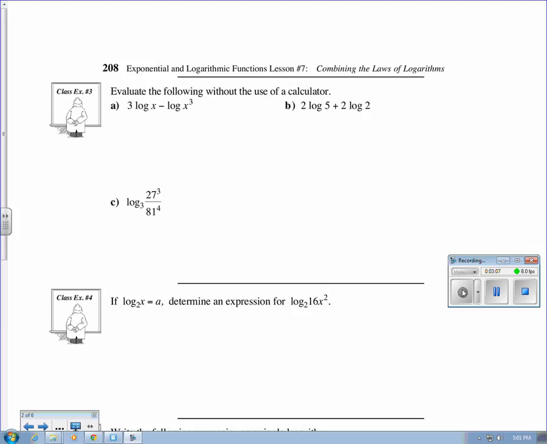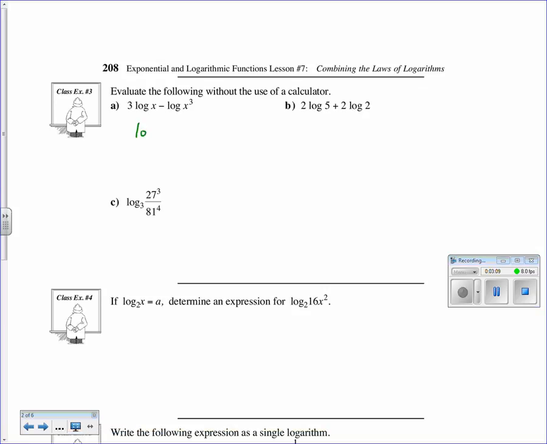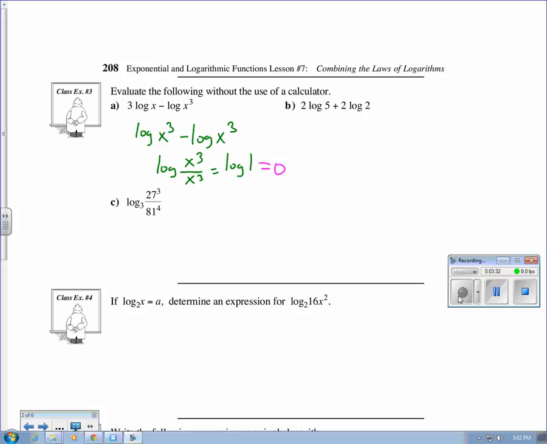Power rule first, that 3 is going to move in, and it's going to be log x to the 3 minus log x to the 3. Then I can convert it into a single log through division. So log x to the 3 over x to the 3, well, that's the log of 1. And what's the answer to that? Hopefully you remember that that's 0.